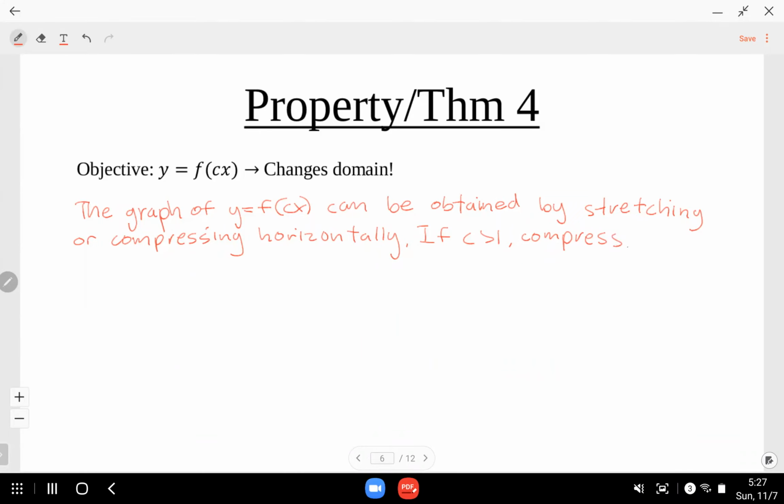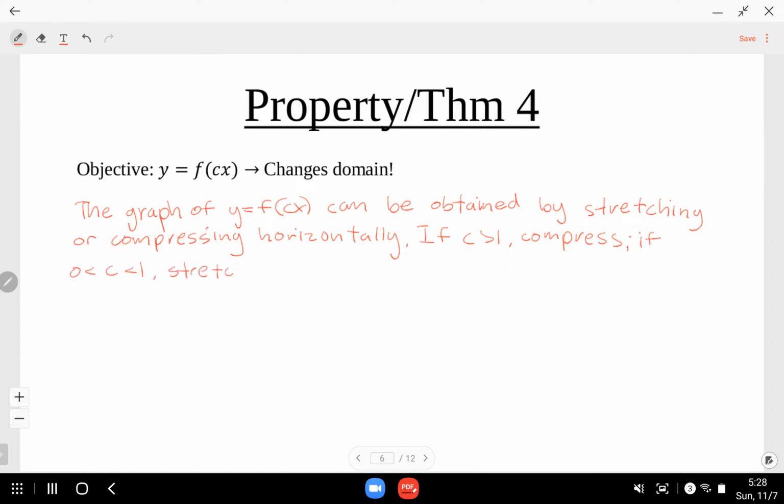But if c is in between 0 and 1, then you're actually going to stretch.